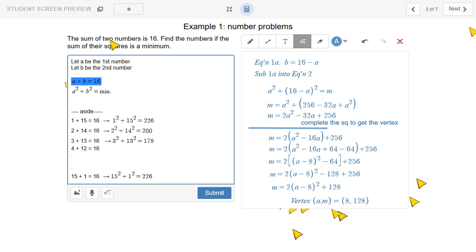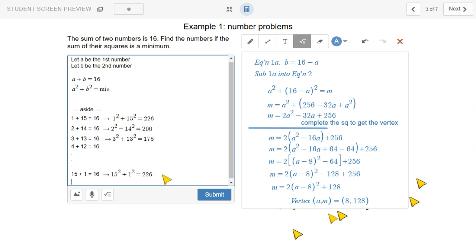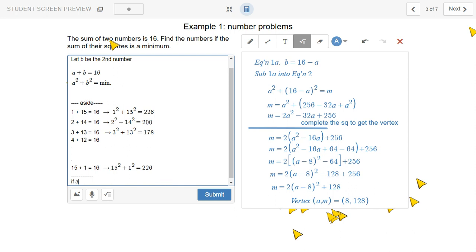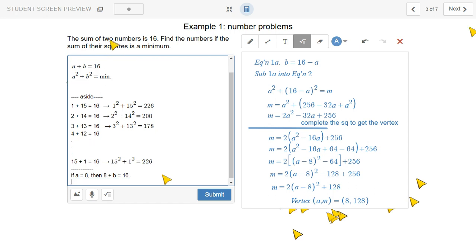So I'm going to come back to my first equation. A plus b is equal to 16. For me now, I need to find my b term. Substituting it back in, if a is equal to 8, then 8 plus b is equal to 16.